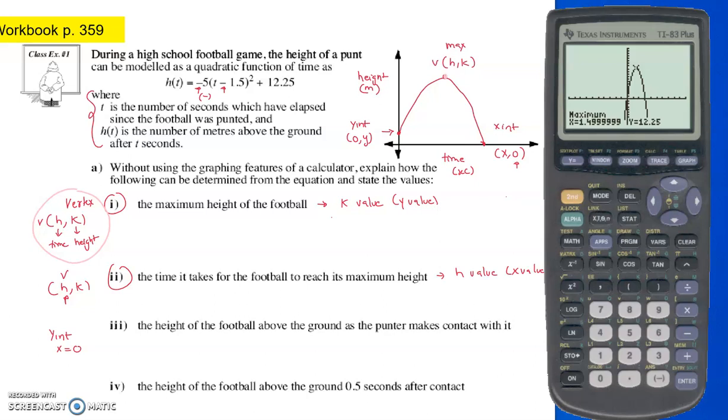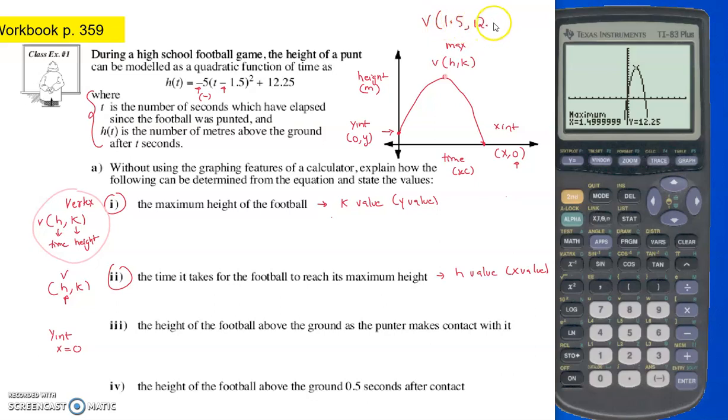So the vertex here, we can see, is 1.5 and 12.25. Okay, so this over here tells us that the maximum height that the ball reaches is this right here. So the maximum height that it will reach would be 12.25 meters. This is your maximum height.